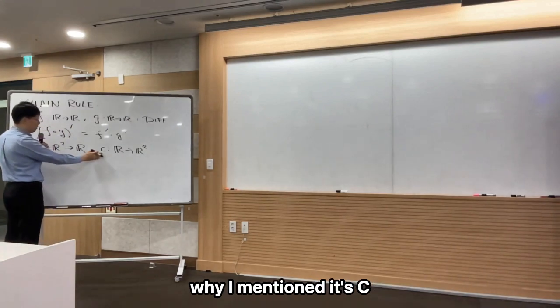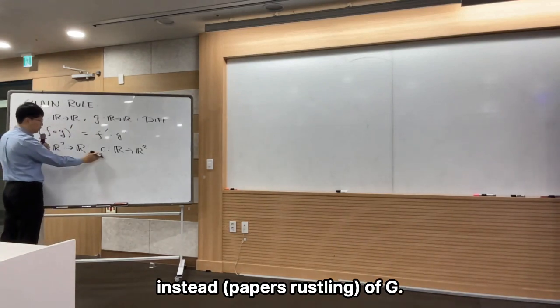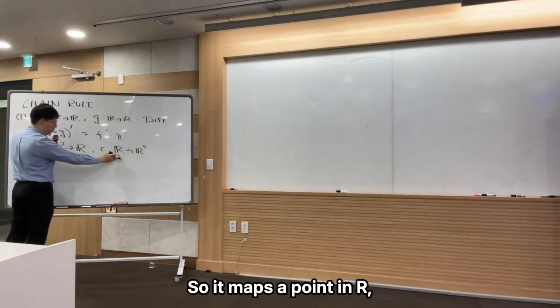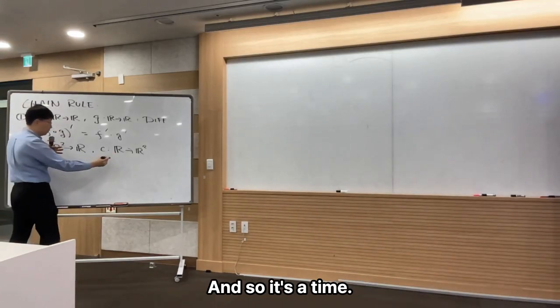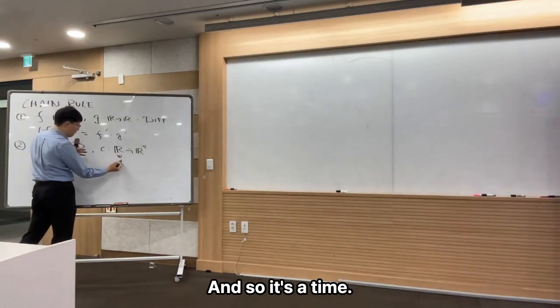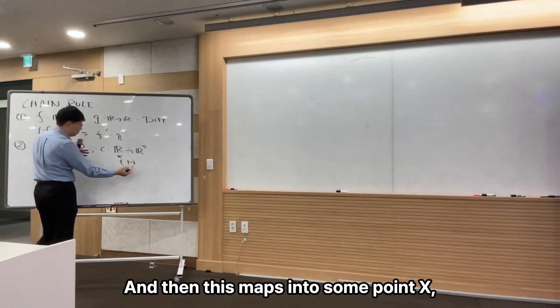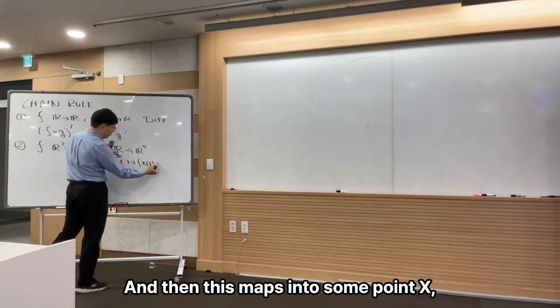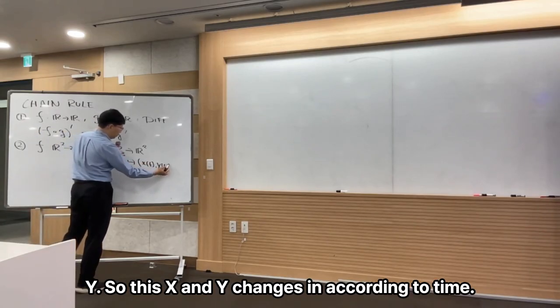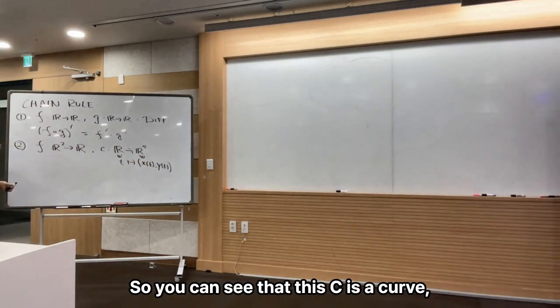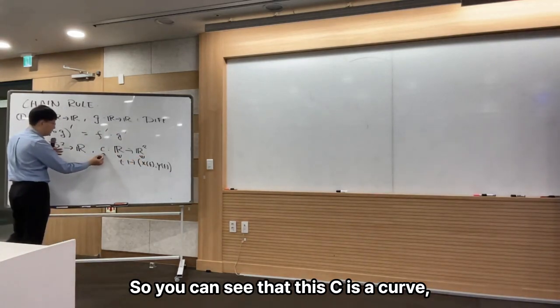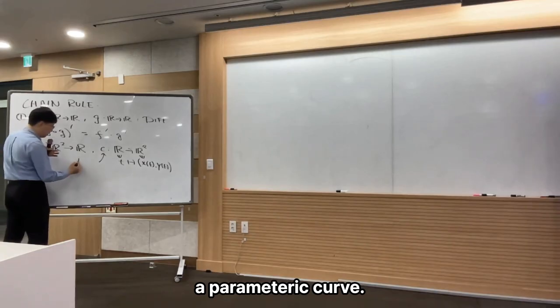There's a reason why I called it c instead of g. It maps a point in R, which you can think of as time, and then this maps into some point x, y. So this x and y changes according to time. So you can think that this c is a curve, a parametric curve.